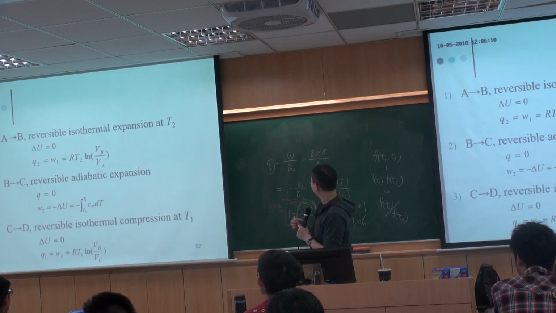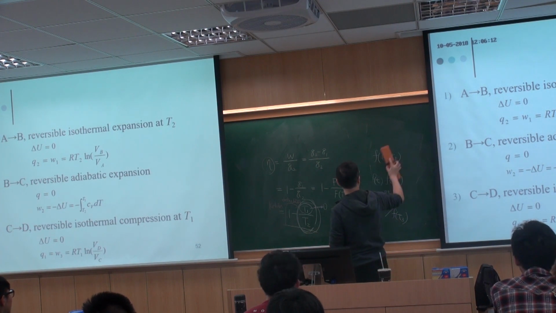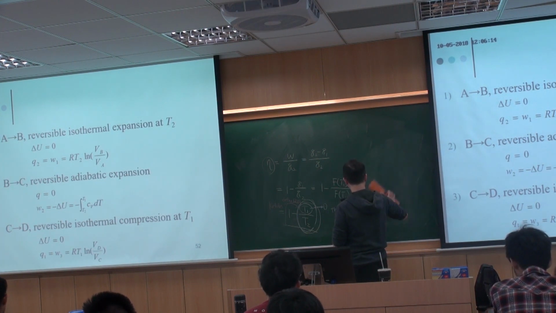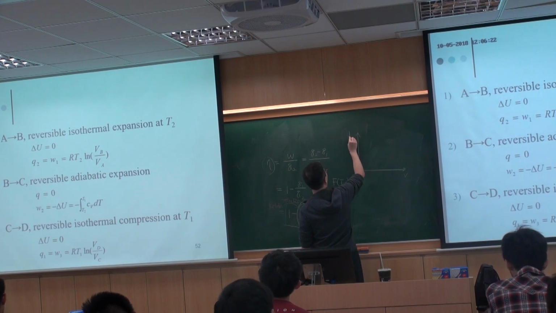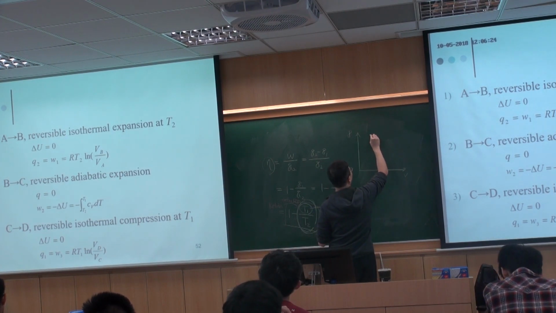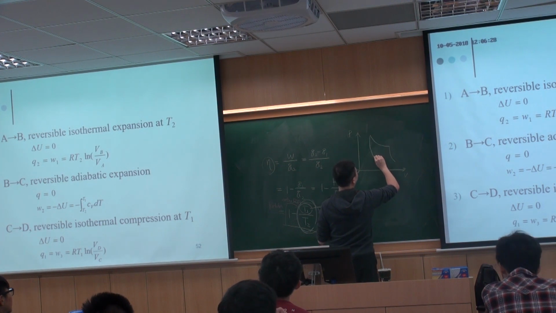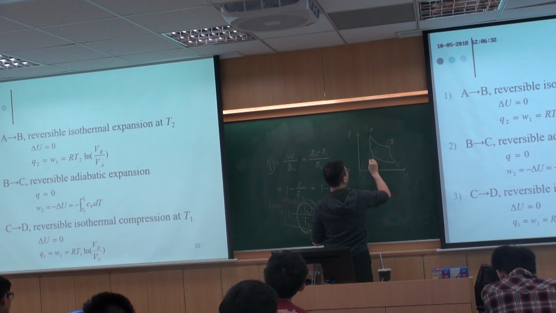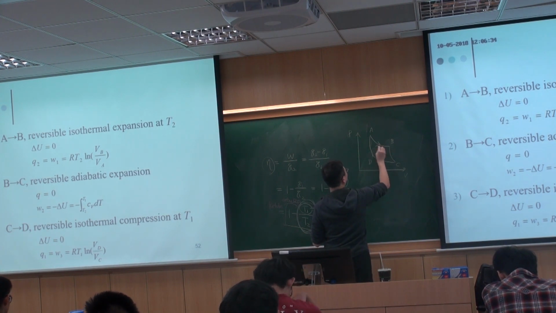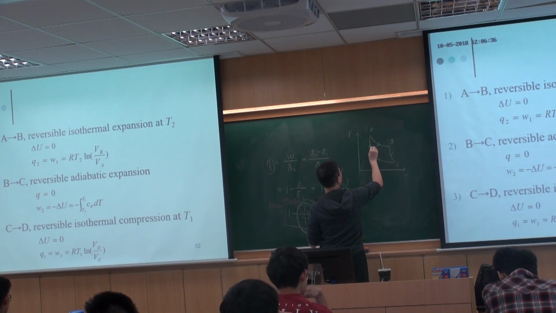Maybe I should plot it here. So again, we have the PV plot of the Carnot cycle. Typically, it's something like this: A, B, C, D. So the process is like this.